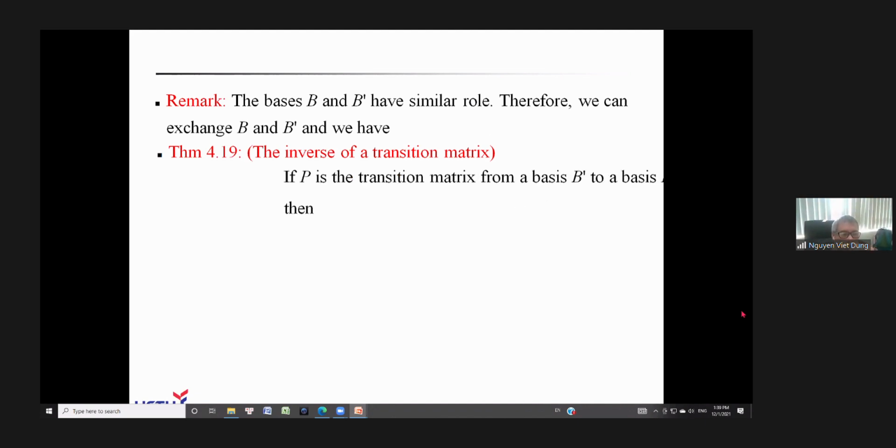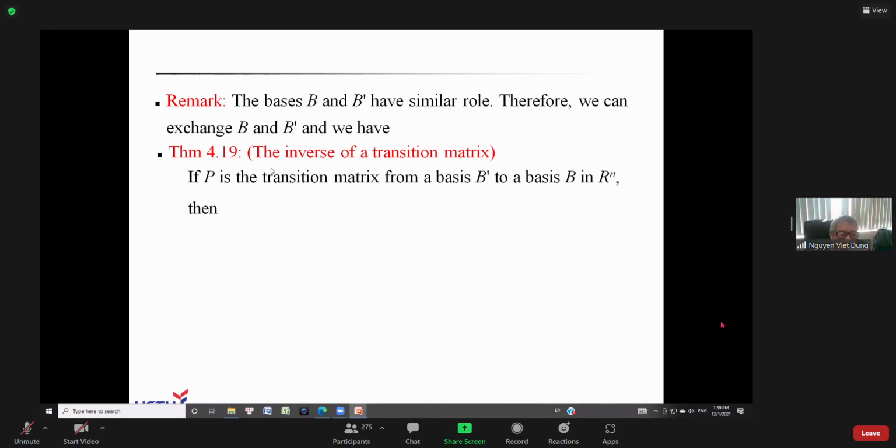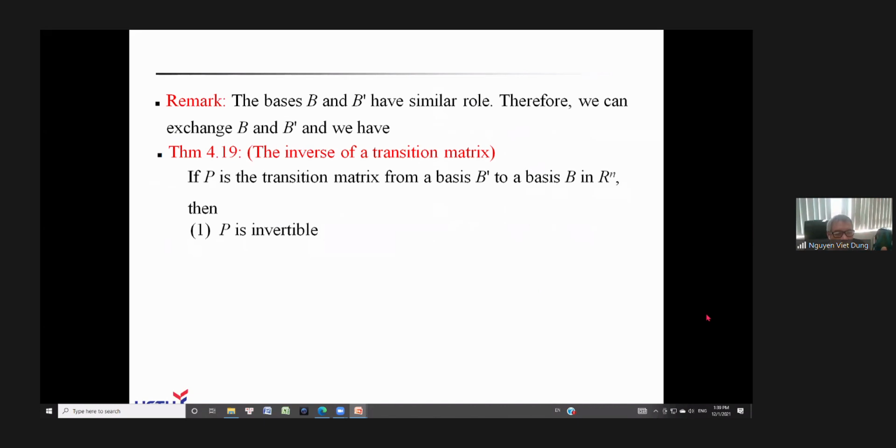And here is some claim. Suppose that P is the transition matrix from a basis B prime to a basis B in R^n. Then the first claim says that the matrix P is invertible. P is obviously a square matrix of size n by n.